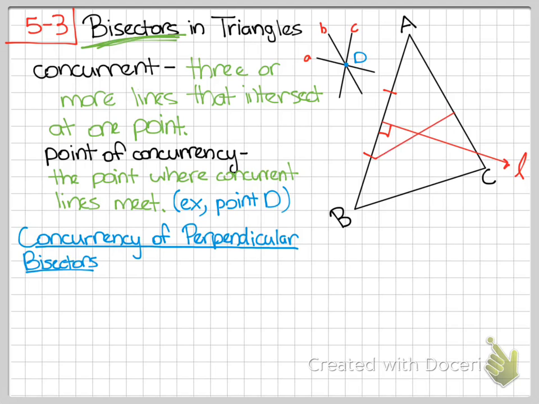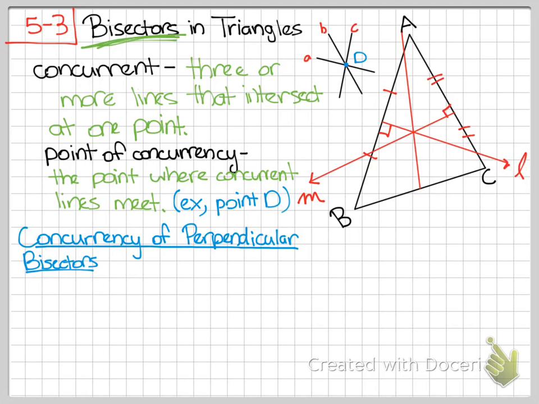Now let me perpendicularly bisect AC. That perpendicular bisector would be about here. It bisects this side AC, and we'll call it M. And then the last one I'm going to do is the perpendicular bisector of that third side.